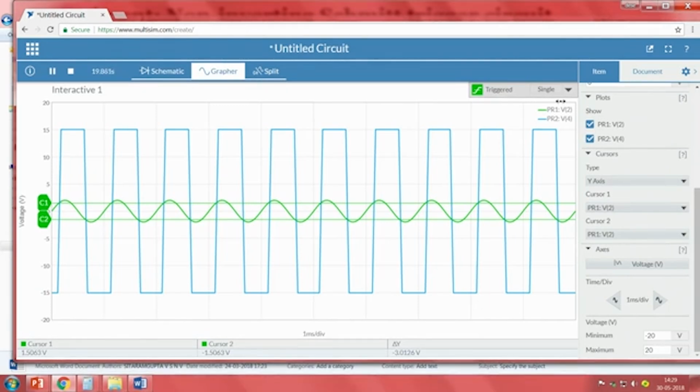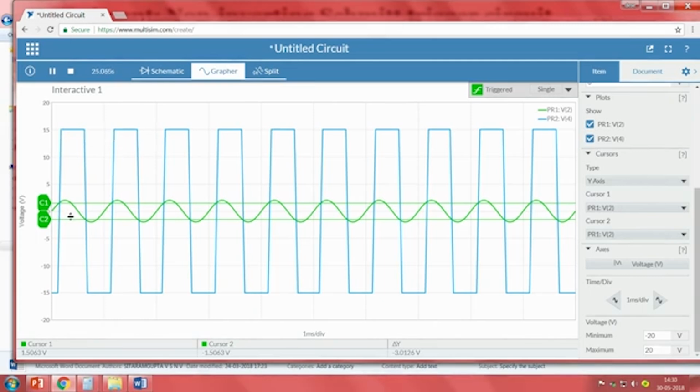When this green line is greater than C1, which is cursor 1, we can see the output moving to plus VCC, right. And similarly, when it goes to minus VCC, since it is not a comparator, when our input is lower than C1, it will not go to VCC. It will go to minus VCC only when the input is lower than the C2 value.